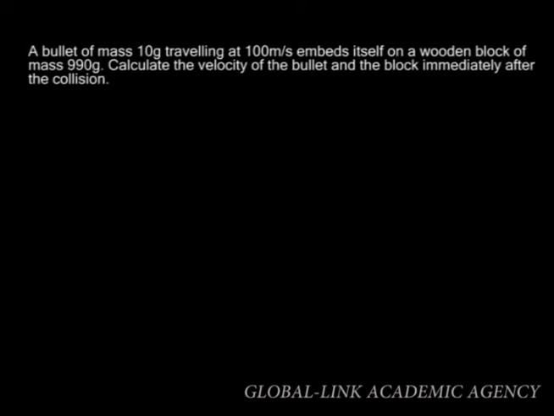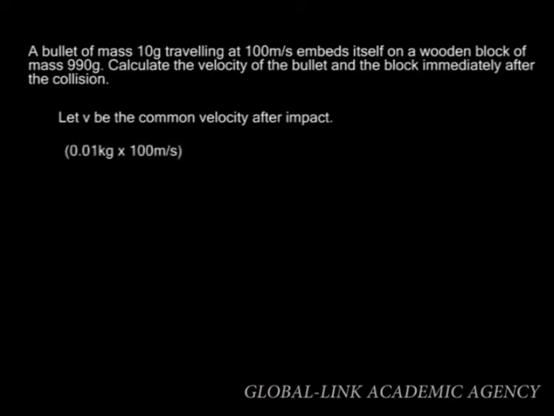In the solution, let v be the common velocity of the block and the bullet after impact. Since momentum is conserved, the momentum of the bullet before collision, 10 grams, that is 0.01 kilograms, times velocity, that is 100 meters per second, plus the momentum of the block before collision.